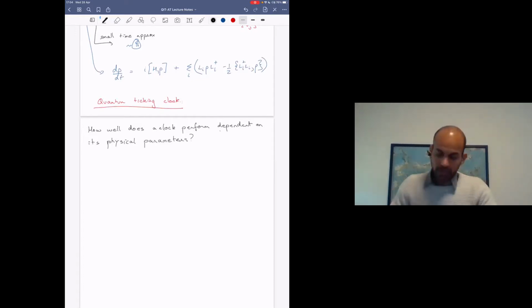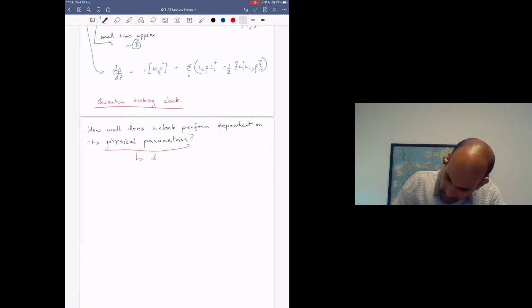Okay, and so I'm going to now talk about two such physical parameters. One is dimension, D, and the other, when I introduce an autonomous clock, is heat dissipation or entropy dissipation for autonomous clocks. And the other thing in this sentence is how well does a clock perform?